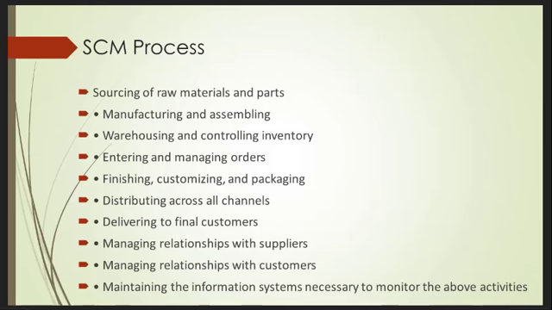SCM thus coordinates and integrates these activities into a continuous process, linking the entities together to ensure supply chains are competitive and satisfy customers with the right products at the right prices.